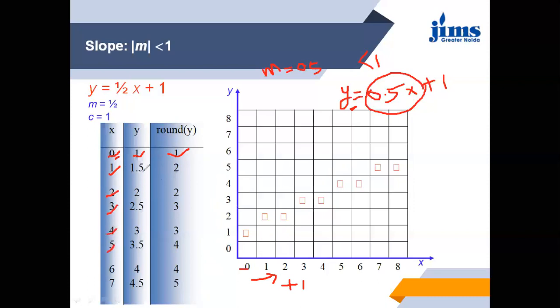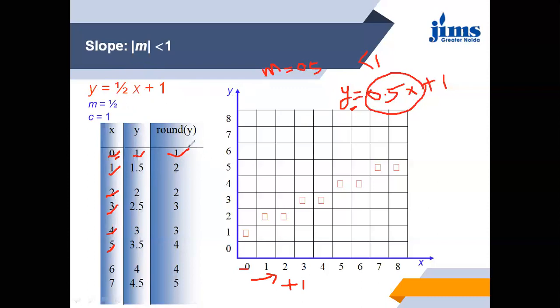And at the same time we have to find out the value of y only. So when I put the value of x equals 0 in this equation, this term will be 0, this term will be 0, so y equals 1.